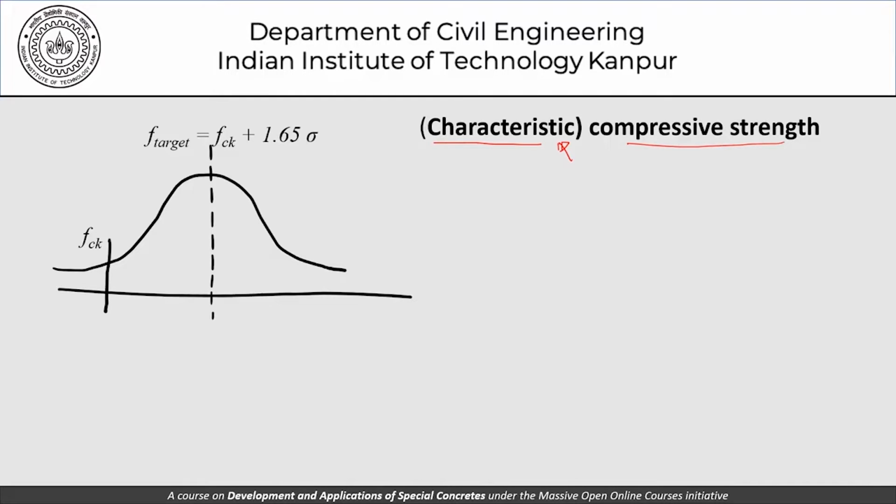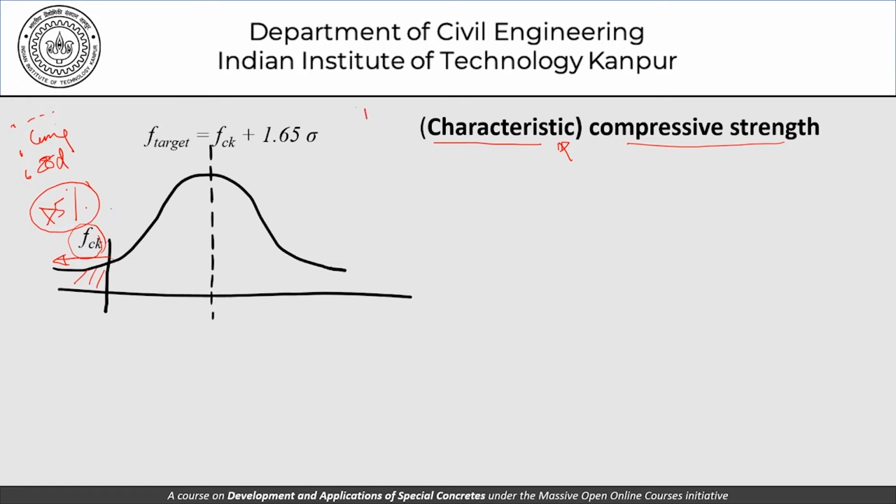And this FCK is called the characteristic strength and is defined in a manner that not more than 5% of the overall cubes are allowed to fall below this value, with other conditions like when the strength is measured at 28 days, when the curing is standard, when cube specimens of a certain dimension are used, and so on and so forth. So the crux of the matter is that when tested, not more than 5% are expected to fall below this value. Now this, please remember, is a designer's concept.